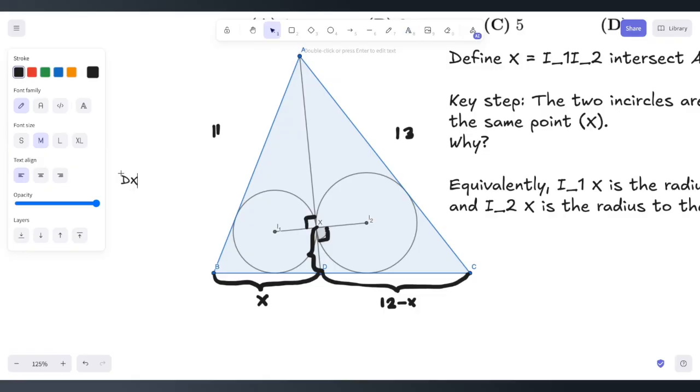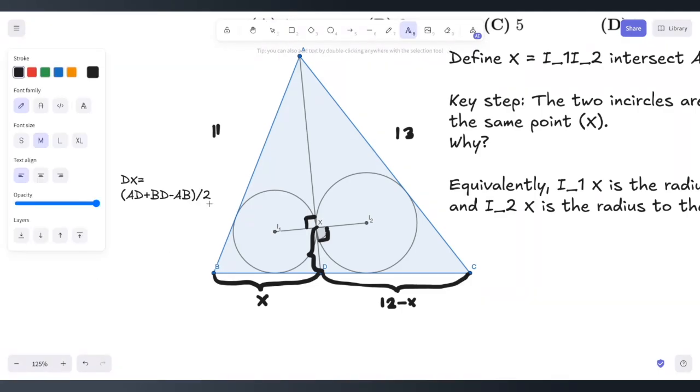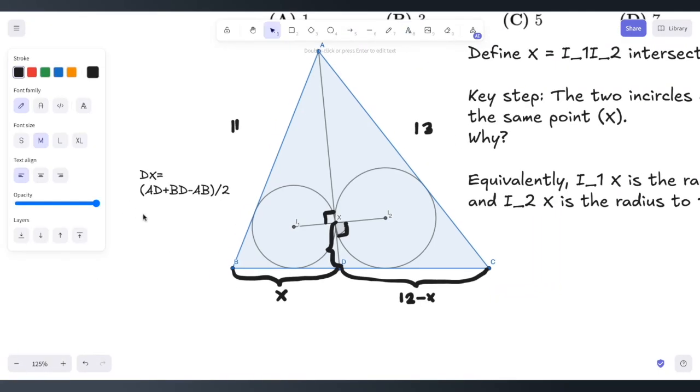So DX equals AD plus BD minus AB, over 2. And we actually want to express this in another way. So DX is also a tangent segment to the incircle of ADB.